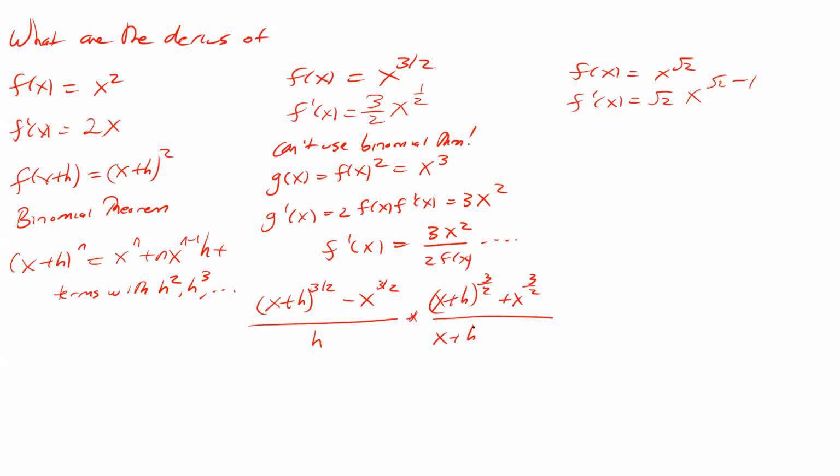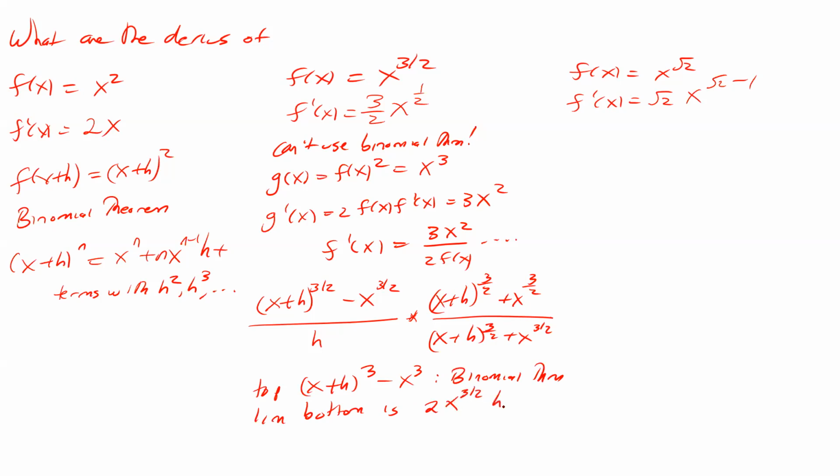And so when we do that, then the top is going to be x plus h cubed minus x cubed. Now we can use the binomial theorem. And the limit of the bottom is going to be approximately 2x to the 3/2 times h. So there's two different ways we can handle this.